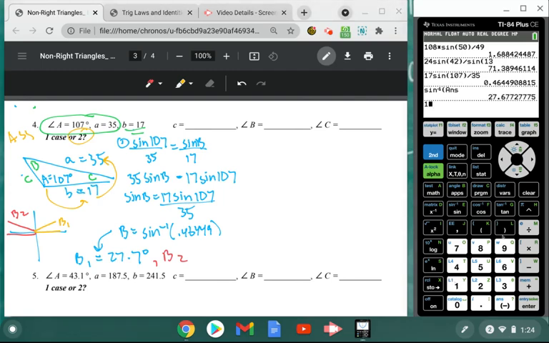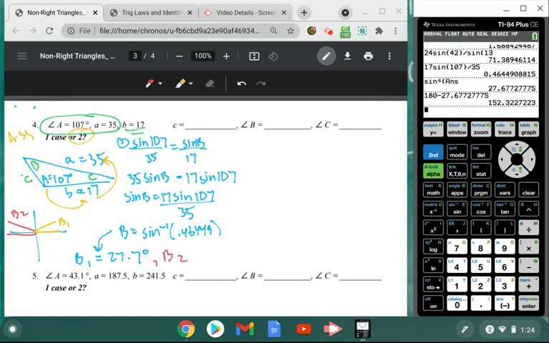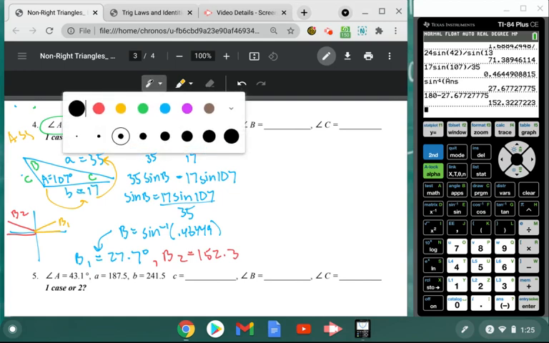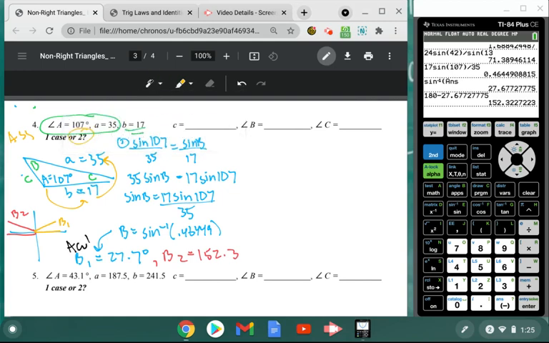So you can see why we did all of that when we were learning how to solve the equations with the inverse functions. And I get 152.3. So B2 is 152.3. So sine inverse gave me the acute angle. It cannot give me the obtuse, so I had to work for that one. So to find the obtuse angle, I just did 180 minus to get the obtuse angle.